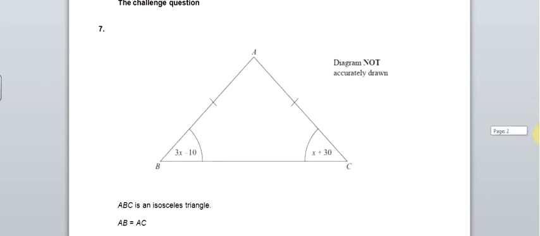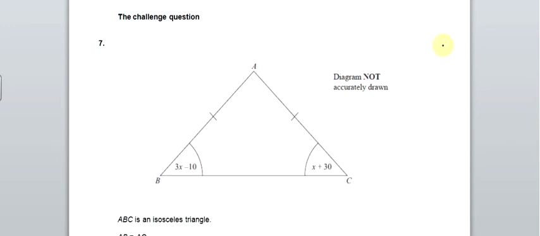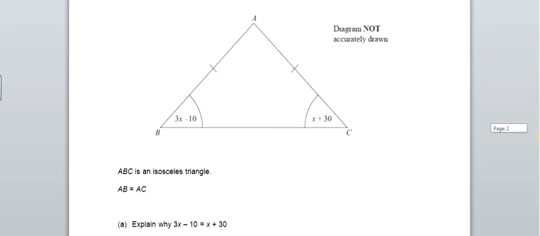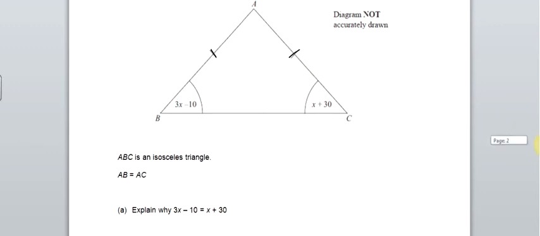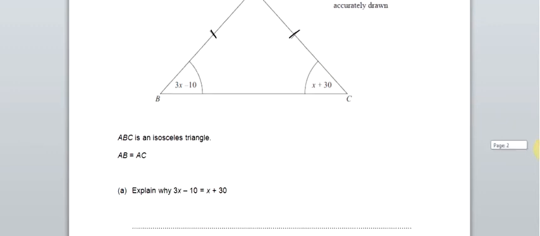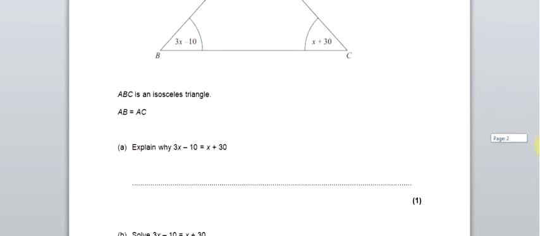Now we're going to finish off with the challenge question. Okay, so let's see. So we've got an isosceles triangle, and AB equals AC. We can see that they're telling us that. This is what these lines mean. It's the same length of sides. And first of all, it says explain why 3x minus 10 equals x plus 30. And the reason is very straightforward. There's only one mark for this.